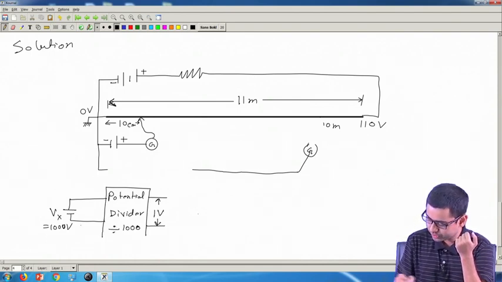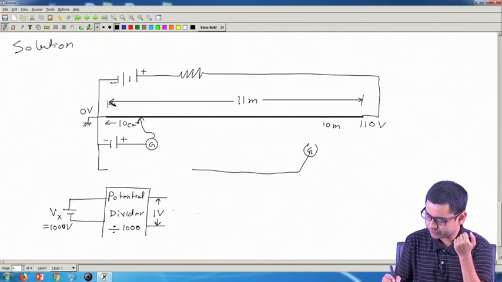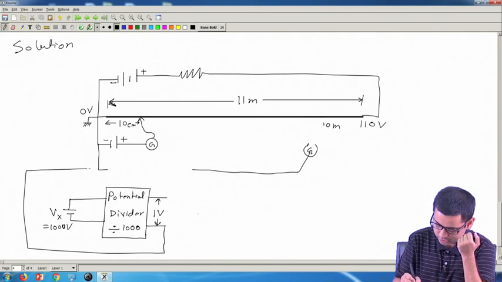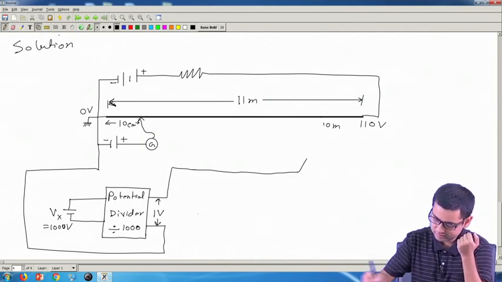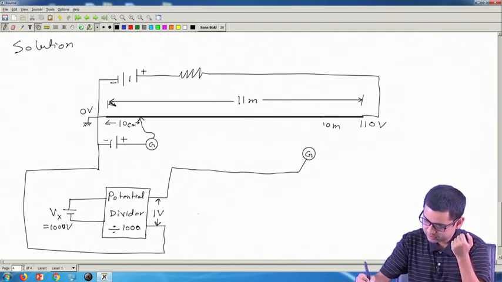Okay. So, then we will have output which is around 1 volt. If this is around 1000 volt, output will be around 1 volt, and this voltage we will apply to this potentiometer. So, that is one side, another side goes like this. Okay.